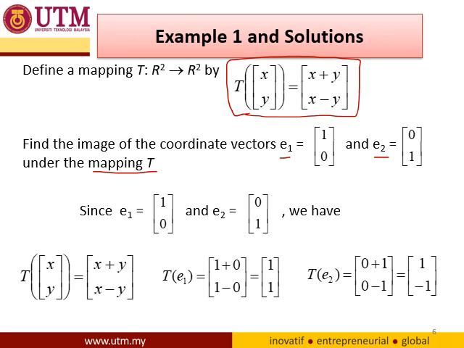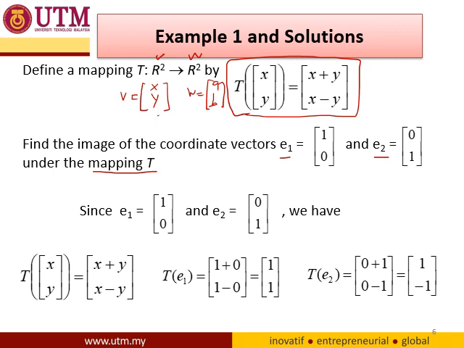As I mentioned before, this is V and this is W, a transformation from V to W. So we know this is R2, which is V, and after transformation it becomes W, let's say (a, b), which is also R2.